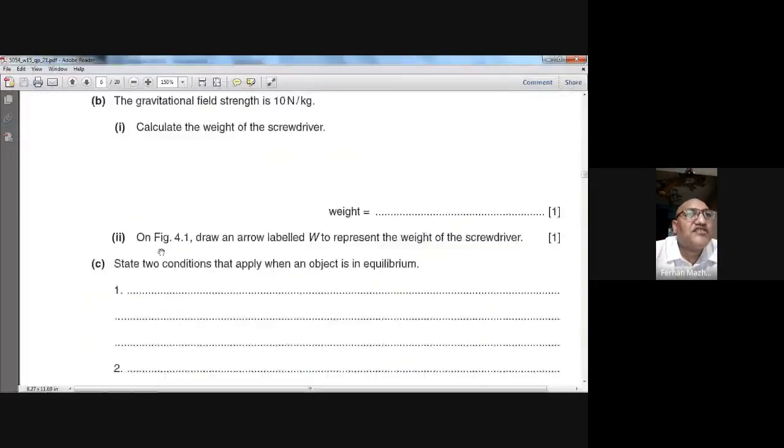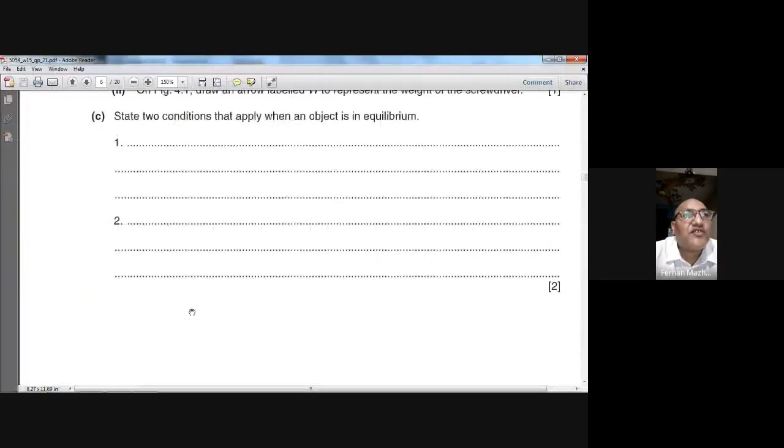Okay. The next part, C, is on your screen. State two conditions that apply when an object is in equilibrium. Whenever an object is in equilibrium, there are two conditions, and they both must be fulfilled. Whenever a body is in equilibrium, the resultant of all the forces acting on it must be zero. The net force must be zero.